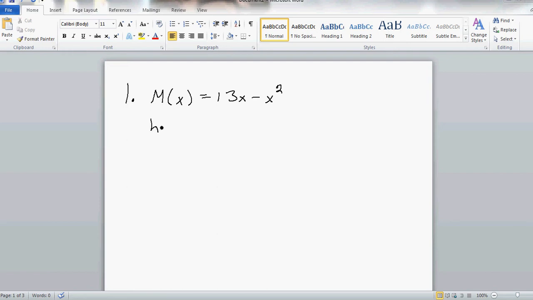And so h, which is actually the x, will determine the maximum rainfall. So that will be negative b over 2a. So negative 13 over negative 2 equals 13 halves, or 6.5 inches of rain.